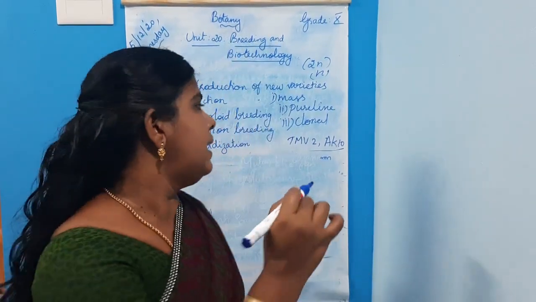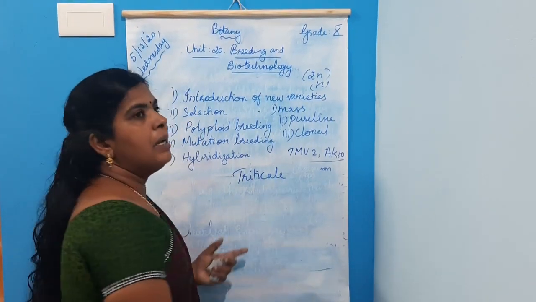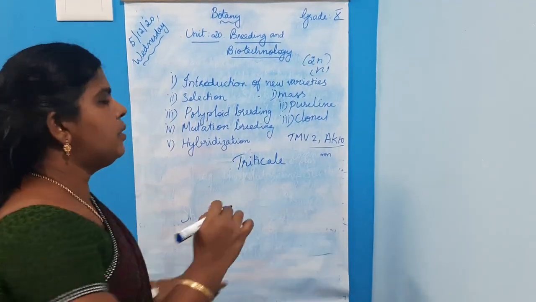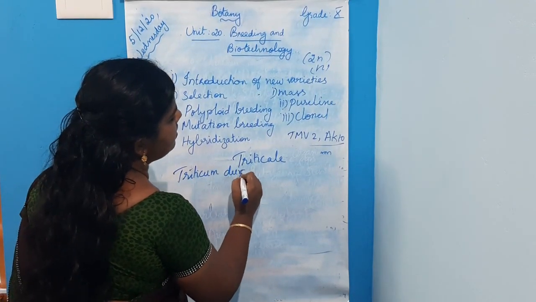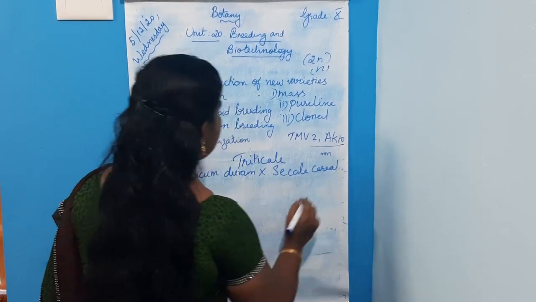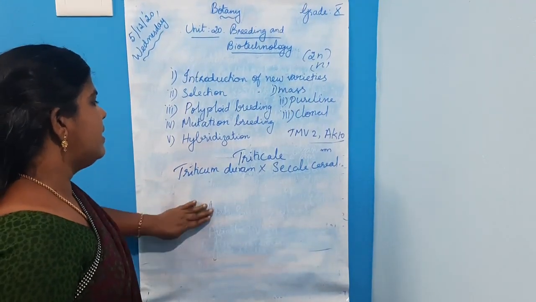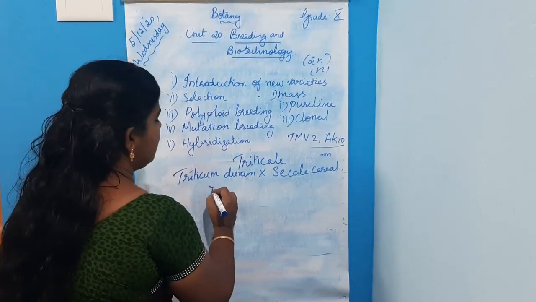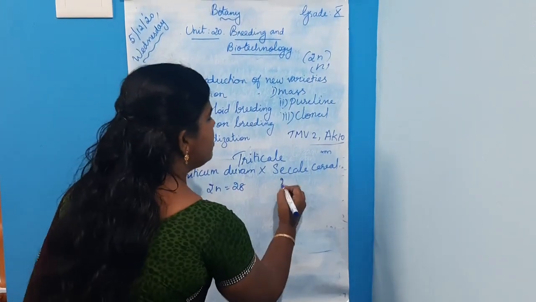one progeny. Triticale, for example, is a man-made cereal. It is the first man-made cereal, obtained by crossing Triticum durum with Secale cereale. Triticum durum has chromosome number 2n equal to 28, and Secale cereale 2n equal to 14.